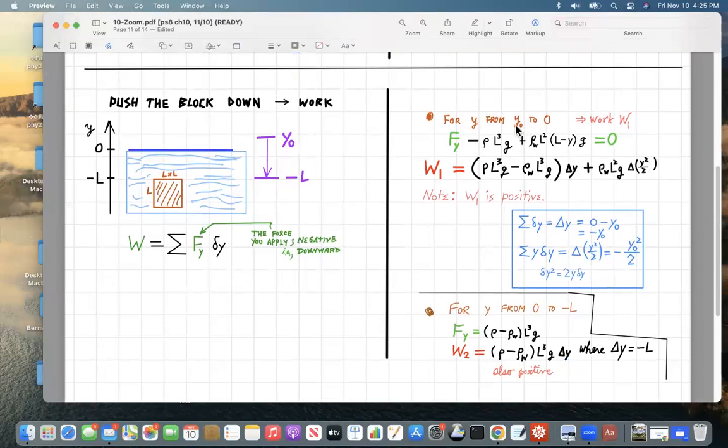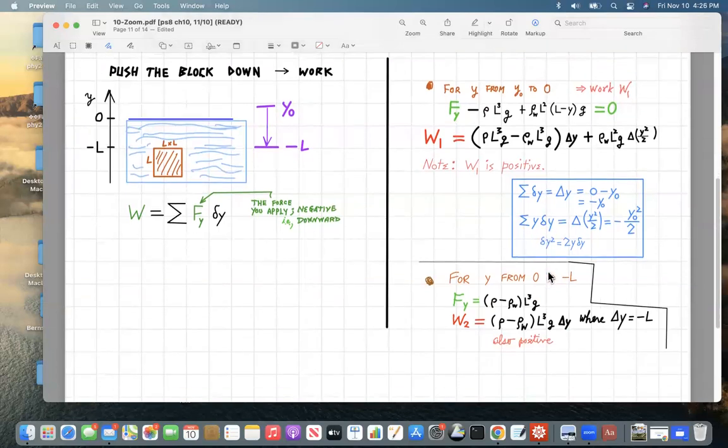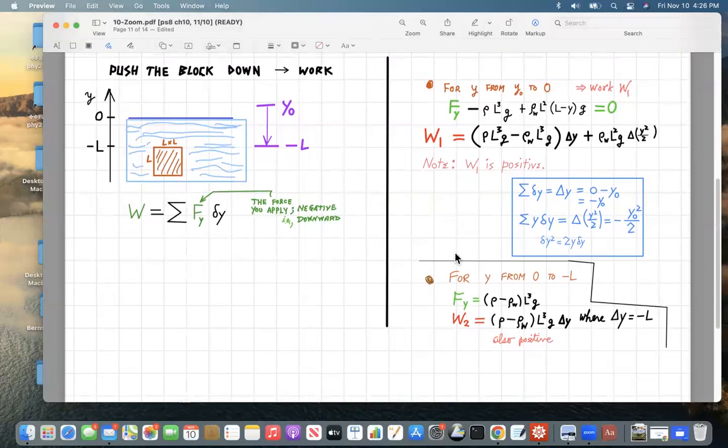So for y, starting at y0, going down to 0, that's the work W1 necessary to get the block completely submerged. Okay, now there's W2. That's the force that has to be exerted to push the block by a length L below the surface. And you'll be doing positive work in both cases, so the total work will be W1 plus W2.